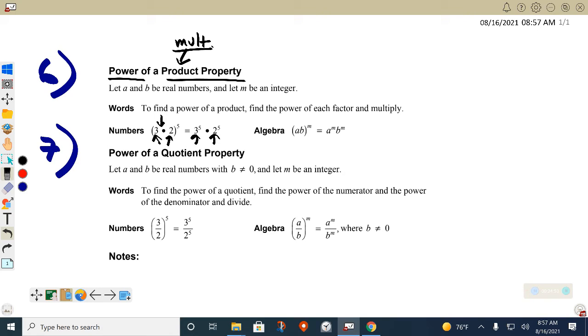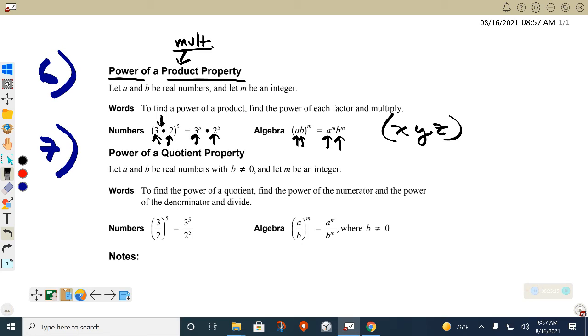Look at the algebra example they gave. A times B, look, they're multiplying. Well, you could take each factor to the m power. They took A to the m power and then B to the m power. Give you an example. So how about x, y, z? Got multiplying.